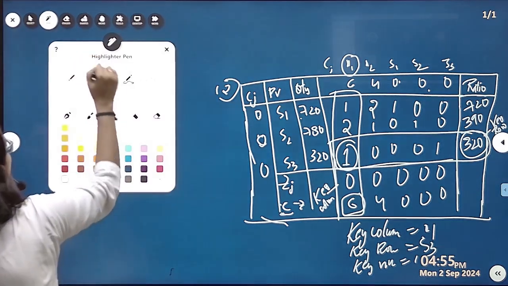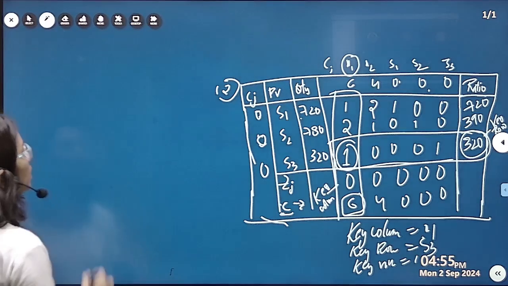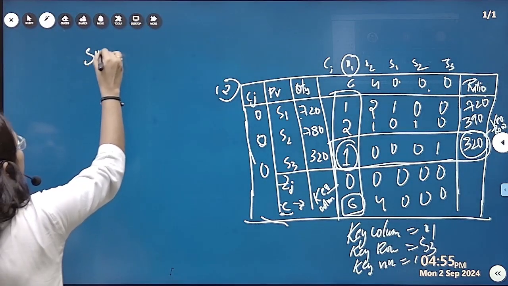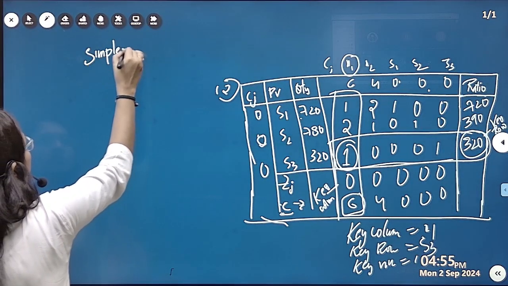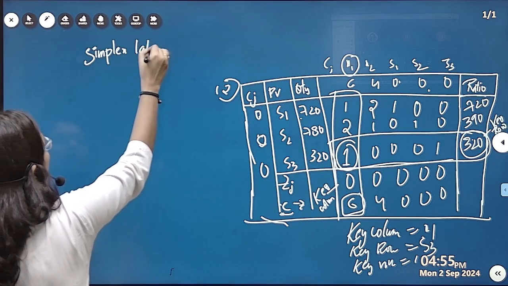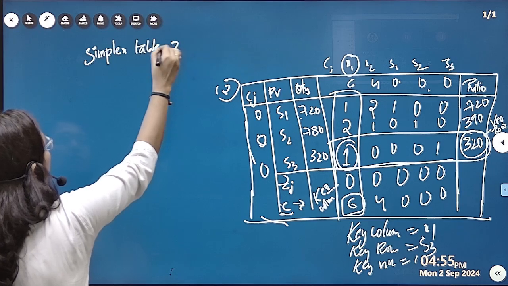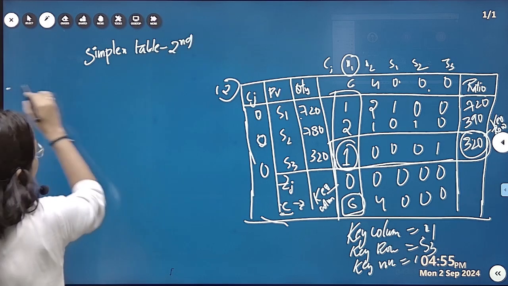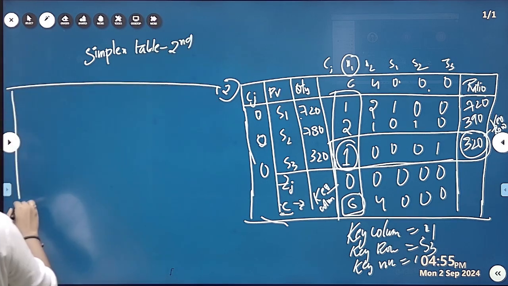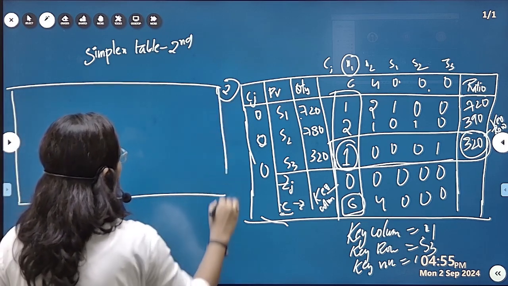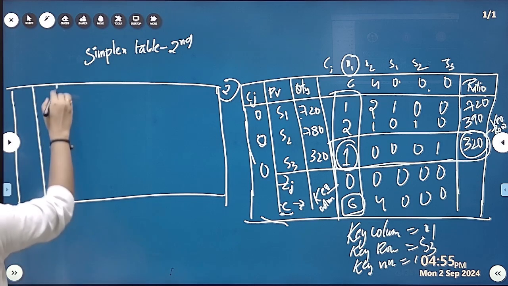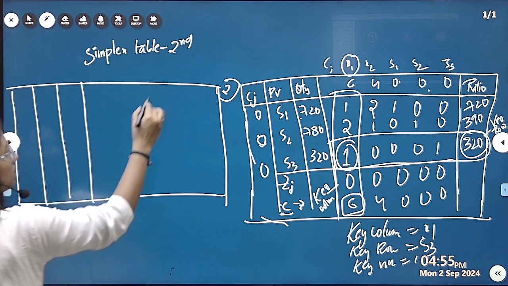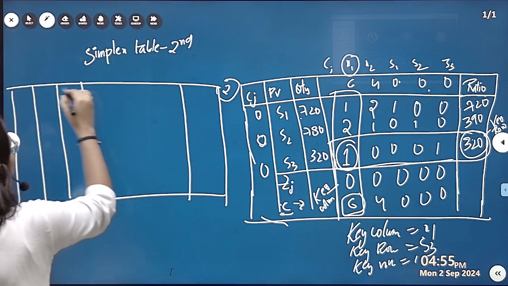Okay. So now next table number 2, simplex table 2. Same as that only. CJ, PV, quantity and ratios.